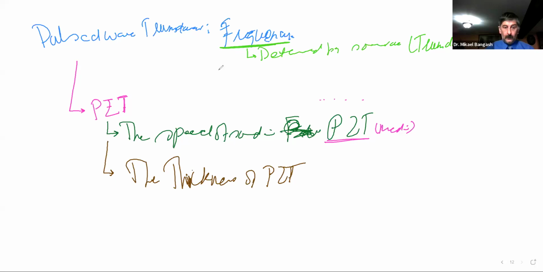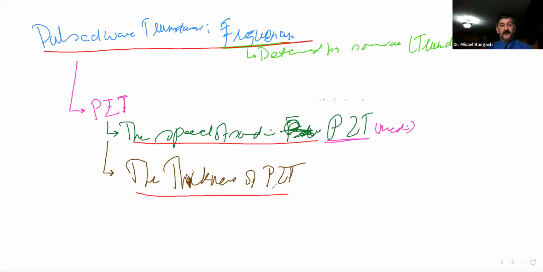Then what we are just going to be left with is establishing the relationship of the frequency of pulse wave transducers to these two factors here. How is it going to be related to the speed of sound in the piezoelectrical material? And how is it going to be related to the thickness of your piezoelectrical material?